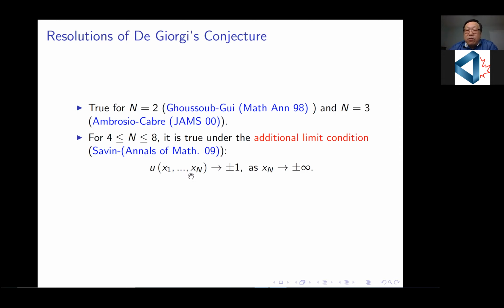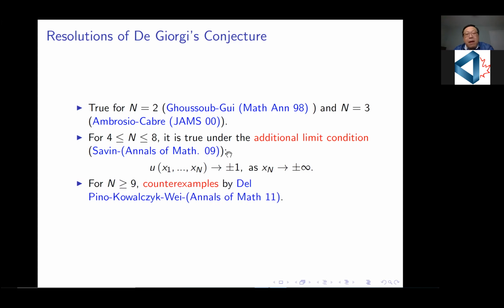We know that U is monotone in one variable. So as xn goes to infinity, it must have a limit. And the additional condition is that the limit is trivial, plus or minus 1. This seems to be a natural condition, but still it is an additional limit condition. Then 2 years later, with Del Pino and Michał Kowalczyk, we gave a counterexample.